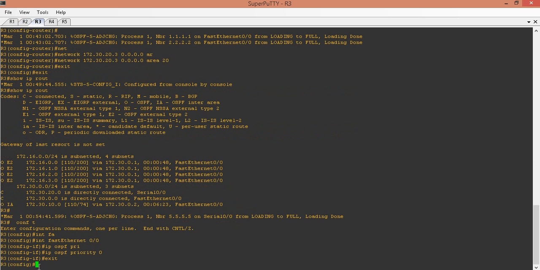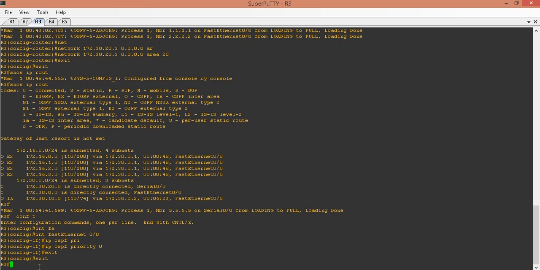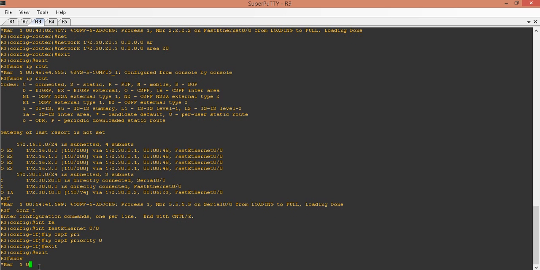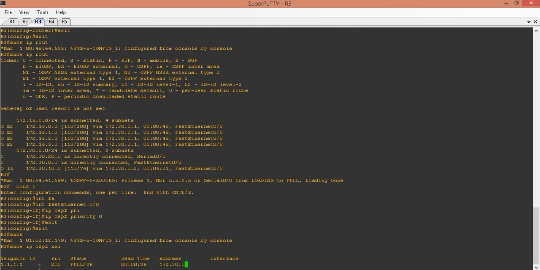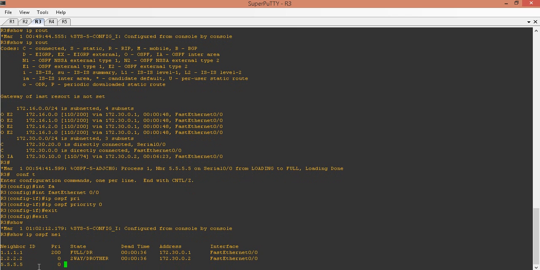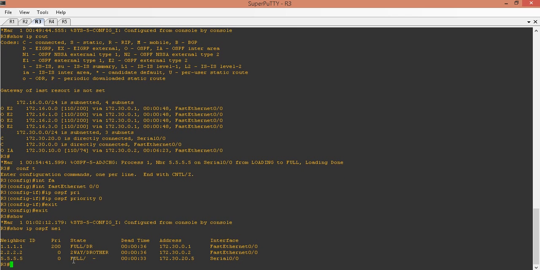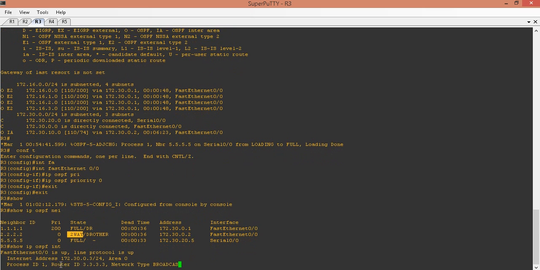So I'm going to router 3, and show ip ospf neighbor. I can see that the relationship between router 3 and 2 is two-way, and router 3 is still nothing. So show ip ospf interface.